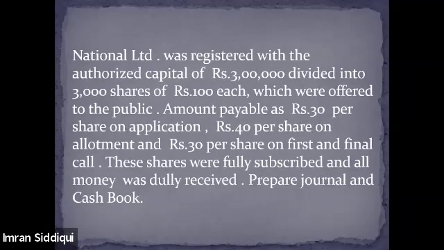If we receive any amount on application, on allotment, on first call or on the final call, we won't be passing the journal entry for that, because we are required to prepare the cash book. So all the cash related transactions, all the receipt related transactions, will be recorded in the cash book.